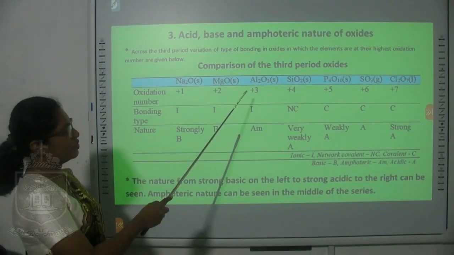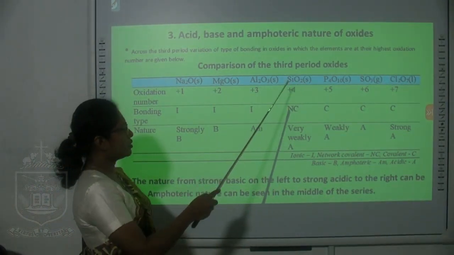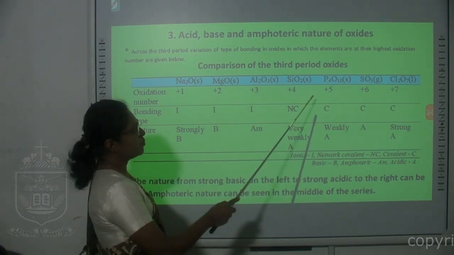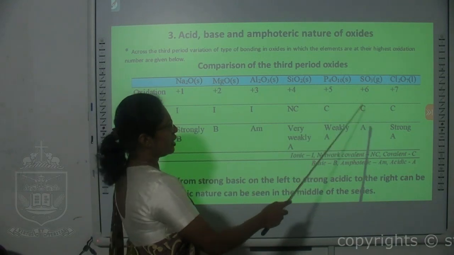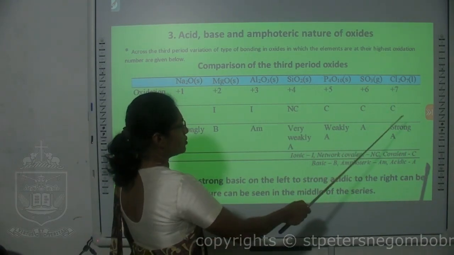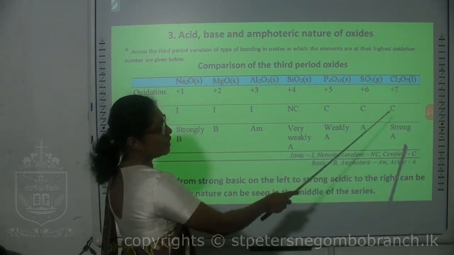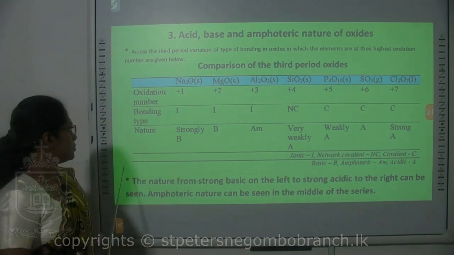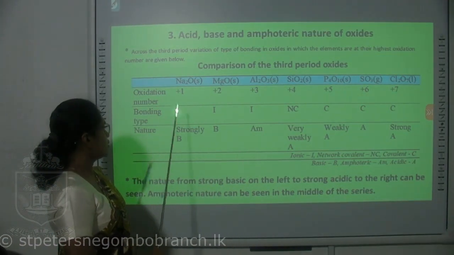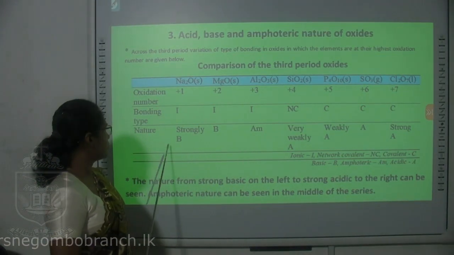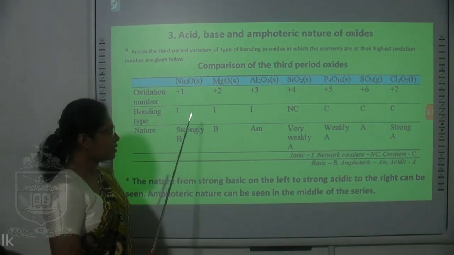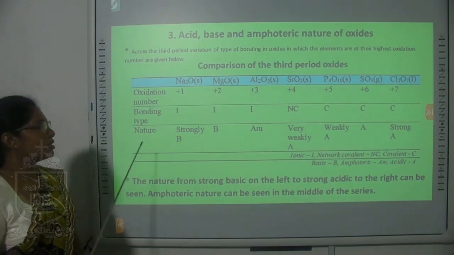After aluminum, silicon is weakly acidic, and gradually the acidic nature increases when we go from left to right. So you can easily remember that these bonding types and acidic or basic nature directly correlate with each other.